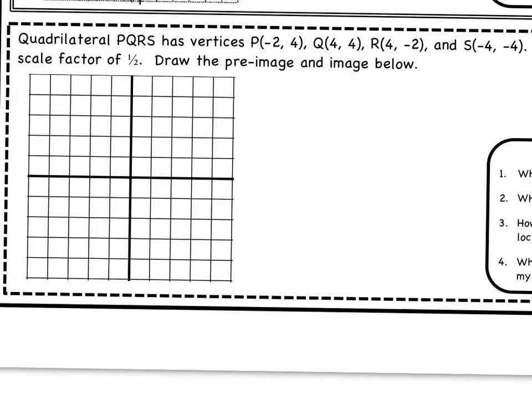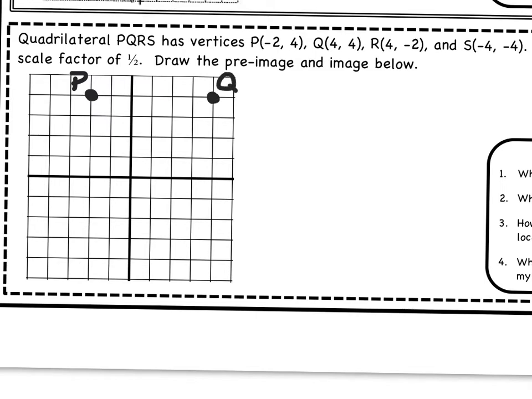On this next example that we have here, what I notice is that I am talking about quadrilateral PQRS, and I'm given the vertices up in the problem, but they are not drawn on the coordinate plane. So if I have a blank coordinate plane there and I have an original figure, what I know is that the first thing I want to do is go and plot those points on the coordinate plane. So point P is at -2, positive 1, 2, 3, 4. So there's P. Q is at 1, 2, 3, 4, 1, 2, 3, 4.